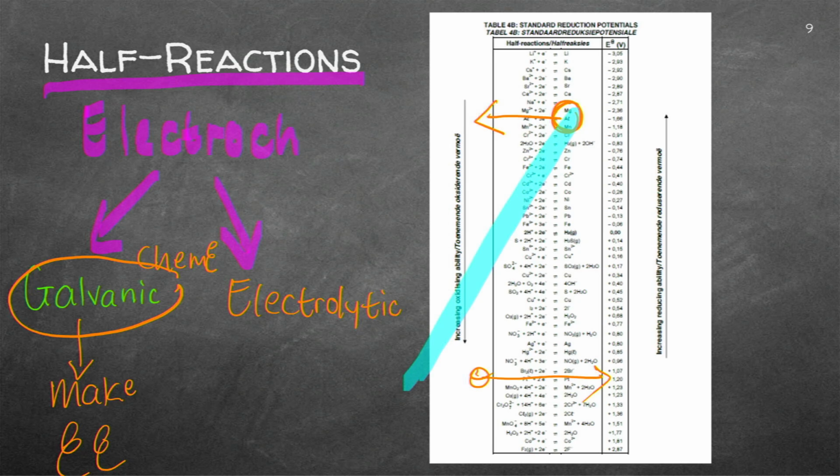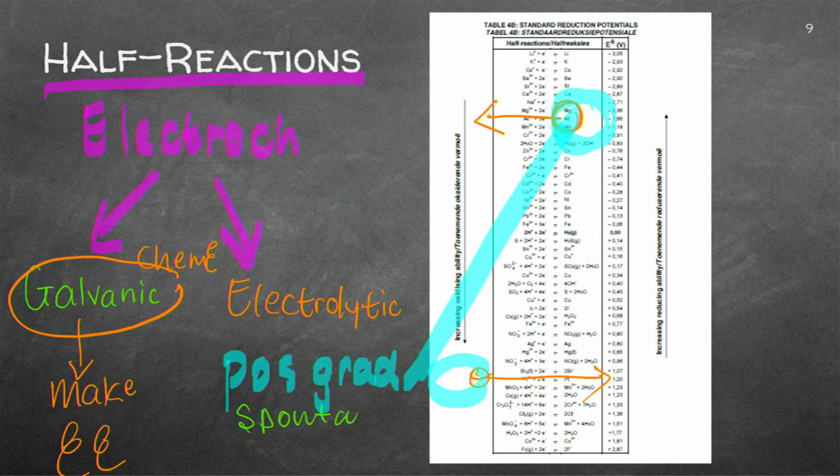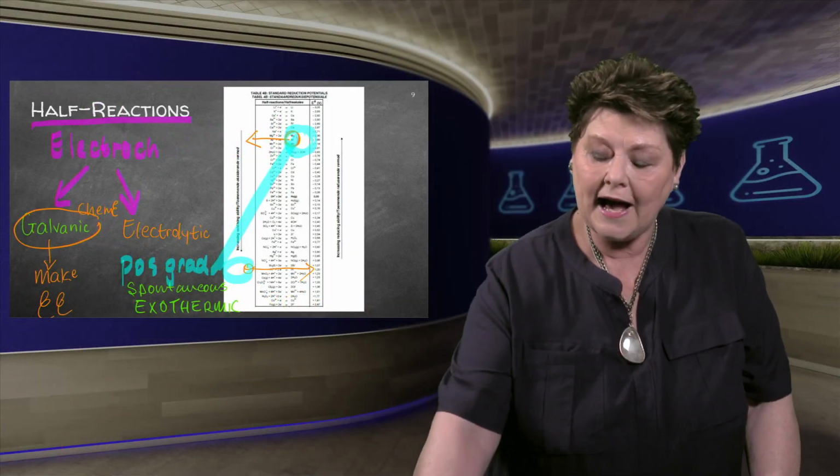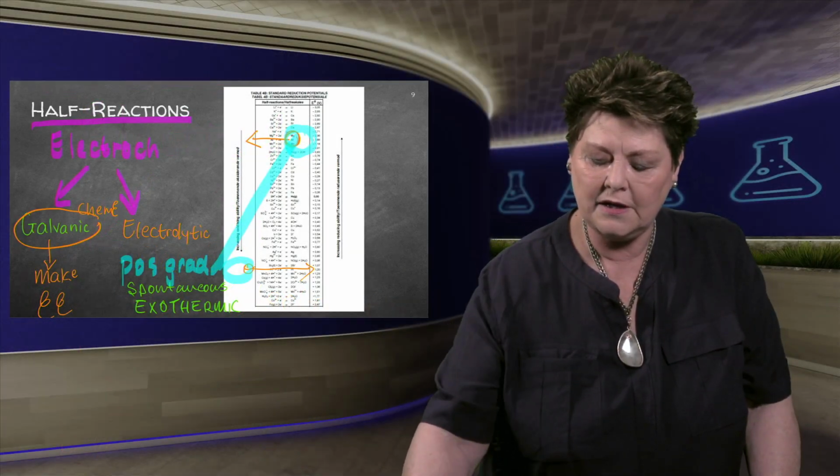Now, if it's a positive gradient, I'm going to write that down. It's a positive gradient. This was the reducing agent. This was the oxidizing agent. If it's a positive gradient, guys, remember, then it's a spontaneous reaction. It will actually happen, exothermic. It will actually produce energy. It will generate energy.